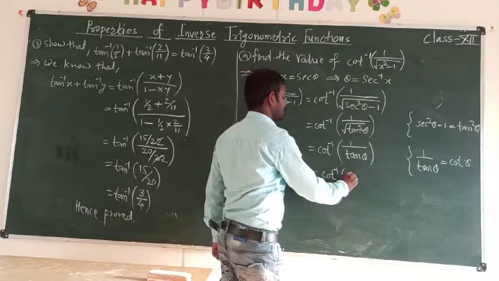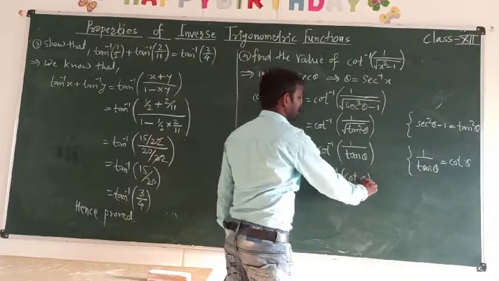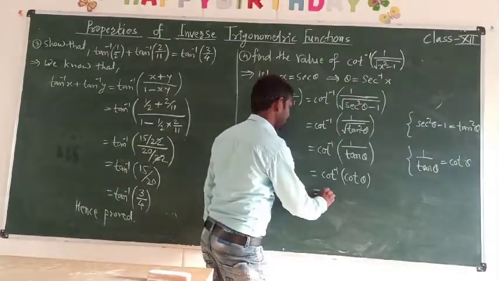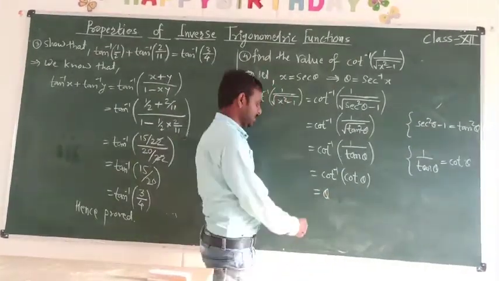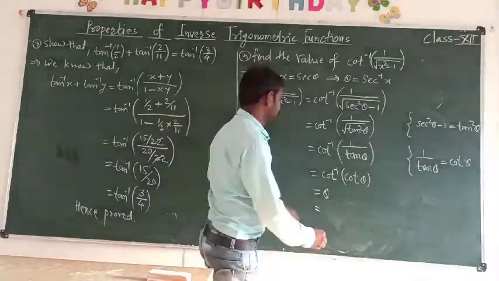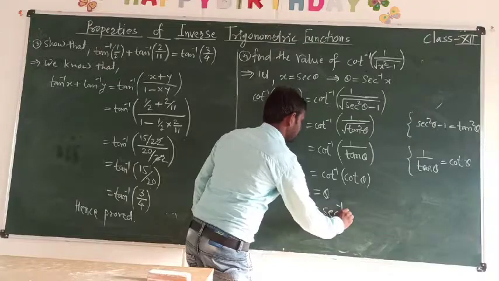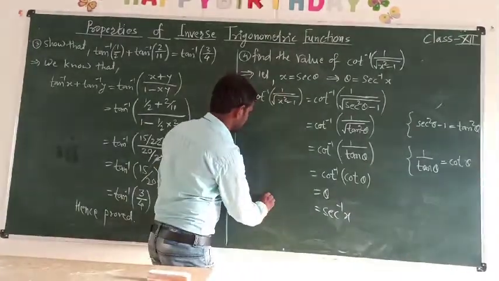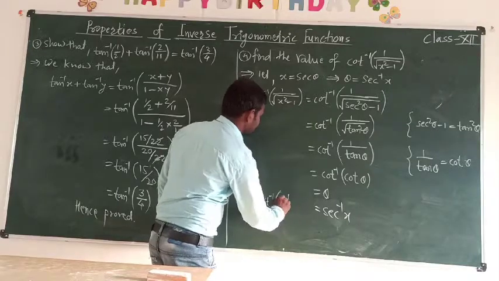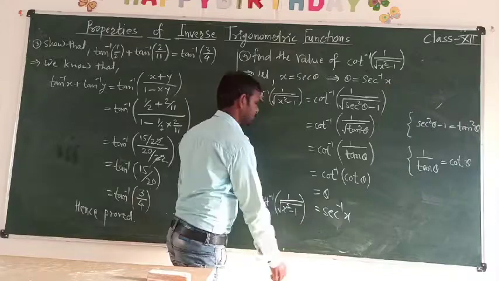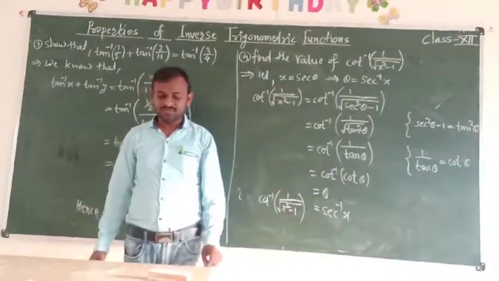Therefore cot inverse of cot theta, then we get only theta. So again replace theta by sec inverse of x. We get our last answer: cot inverse of 1 upon under root of x square minus 1 is equal to sec inverse of x.